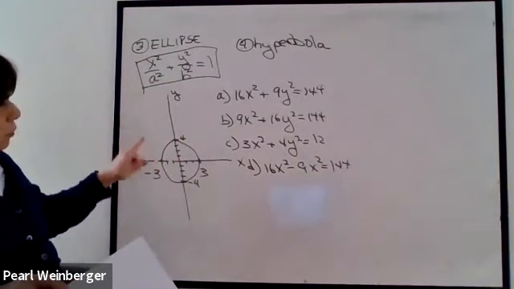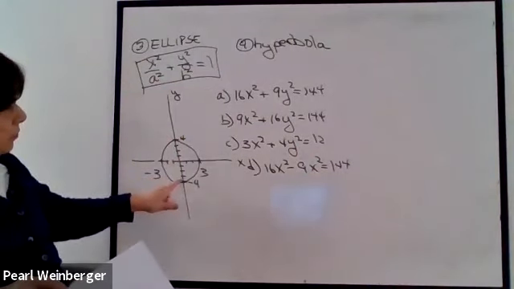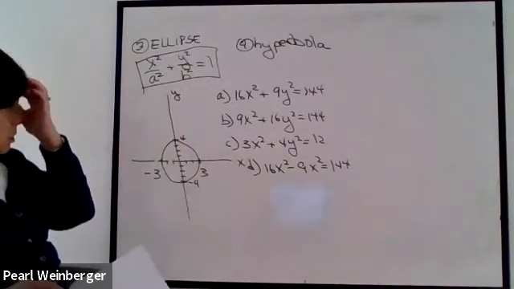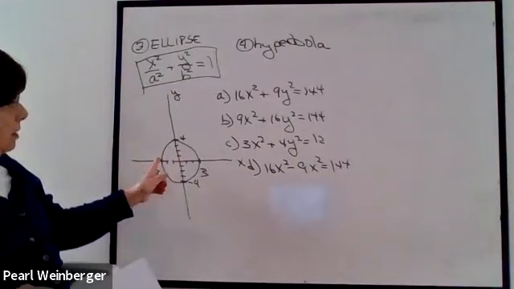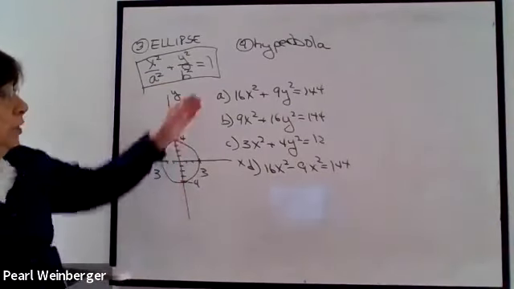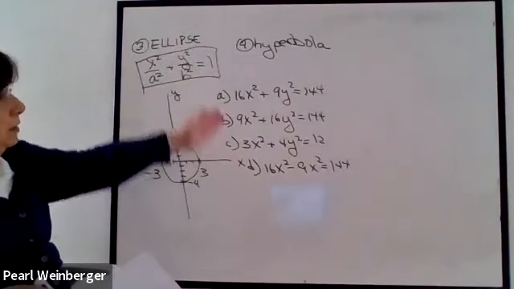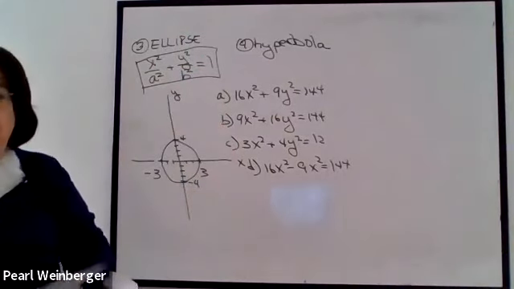The ellipse is crossing the y-axis at 4 and -4, and the x-axis at 3 and -3. And which of these is the correct equation for that ellipse?